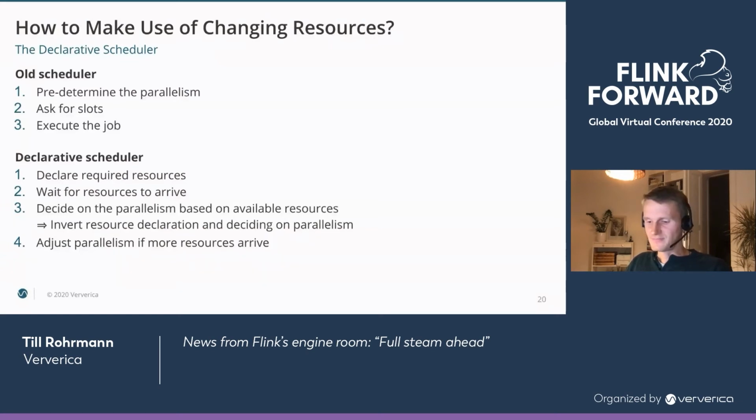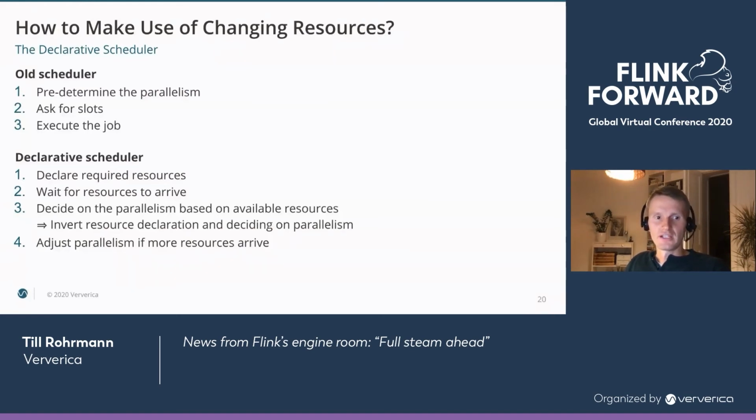It gets the job graph when the job is submitted, and the user usually also defines the parallelism with which it wants to run the job. So it's kind of predetermined. Then the system asks for the resources. If it gets the slots, then it executes the job, and if not, because there are not enough resources available in the cluster, then it will simply fail.